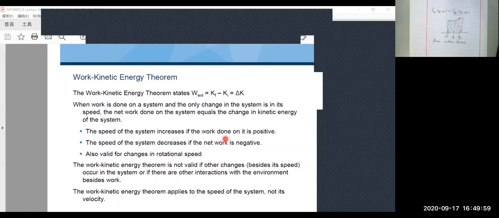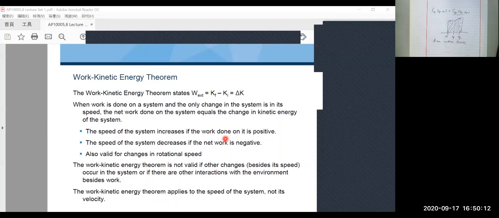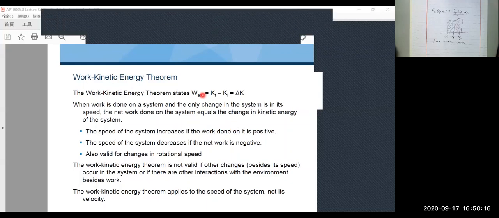And of course, the work and kinetic energy theorem, if you look at it in greater detail, is a special case of the conservation of energy. You are just converting between the external work done and the change in the kinetic energy. When you have the external work done, of course, you expect a change in the kinetic energy.